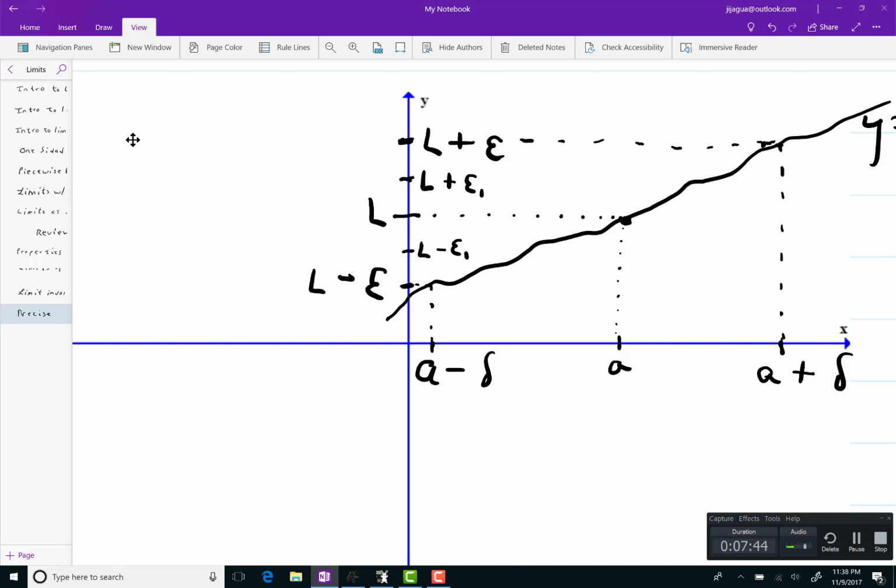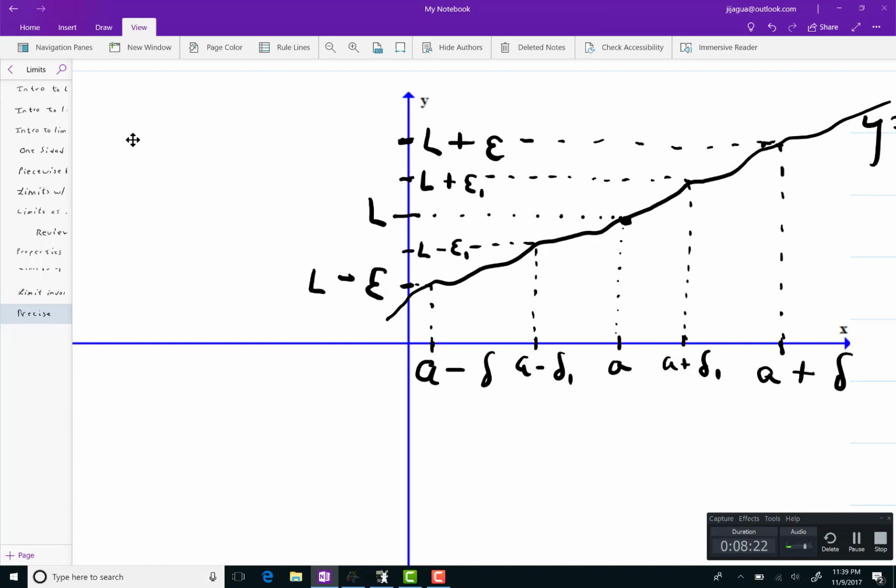Well, you can see that if I need my error to be smaller, then conceivably, when I go to find the x values that these correspond to, I might luck out and get an A minus delta 1. And over here, A plus delta 1. Let me make that delta a little better.